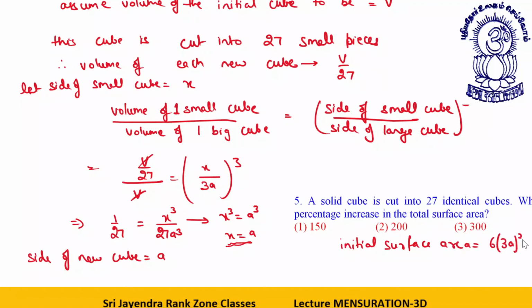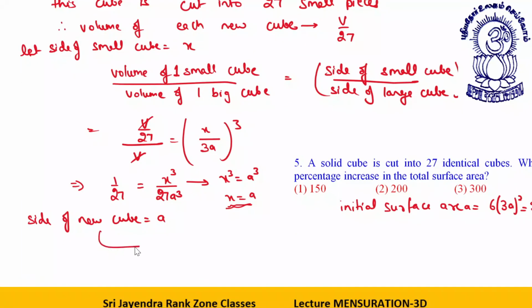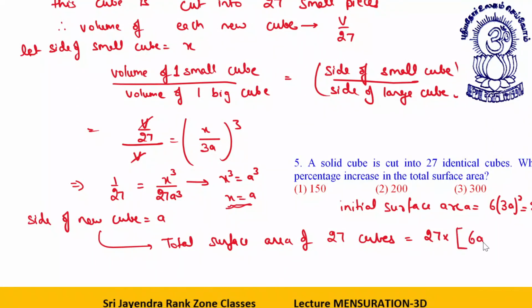6 into 3a square, that is 54a square. Okay, 54a square. Now, total surface area of 27 cubes will be what? 27 into 6 into side square.